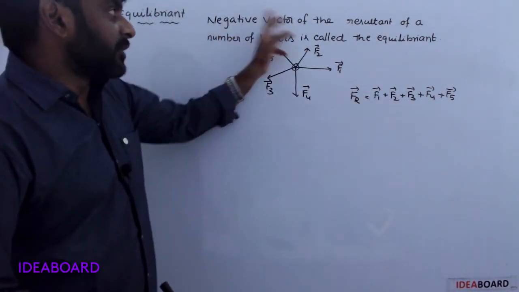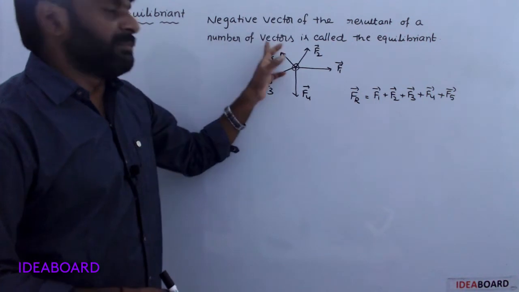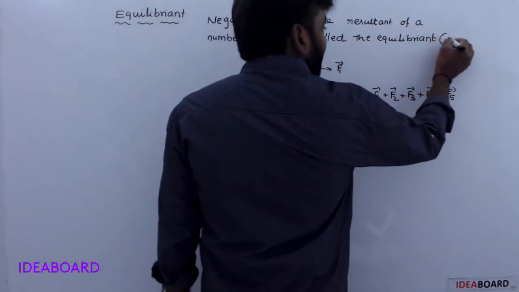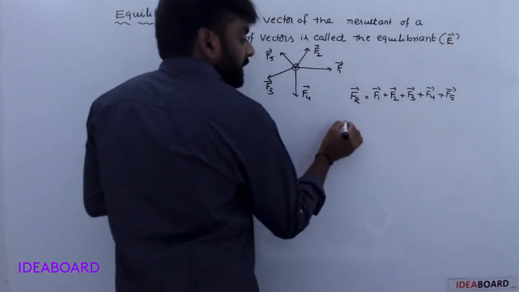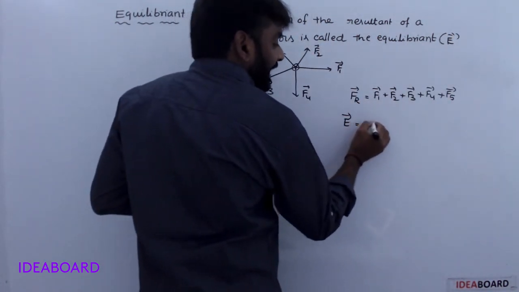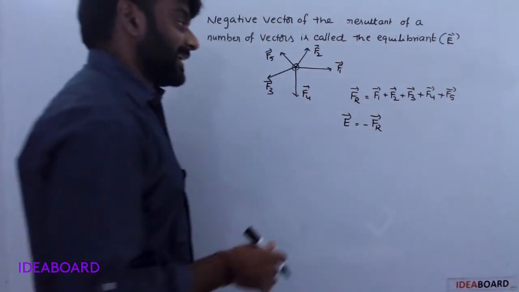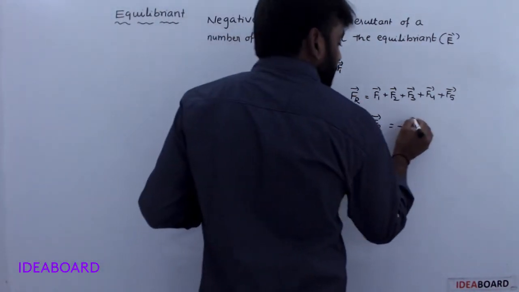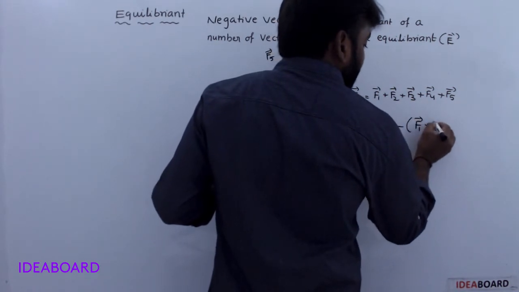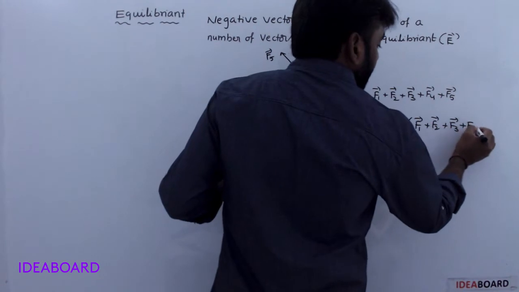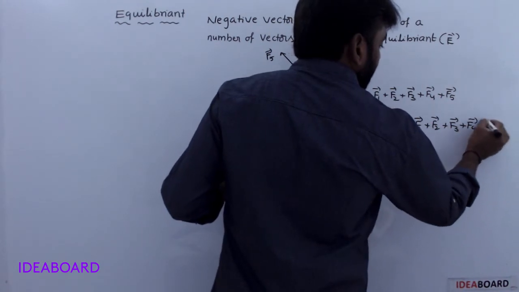From the definition, the negative vector of the resultant of a number of vectors is called the equilibrium. Equilibrium, that is E bar. That means E bar is the negative vector of the resultant, which is minus of F1 bar plus F2 bar plus F3 bar plus F4 bar plus F5 bar.